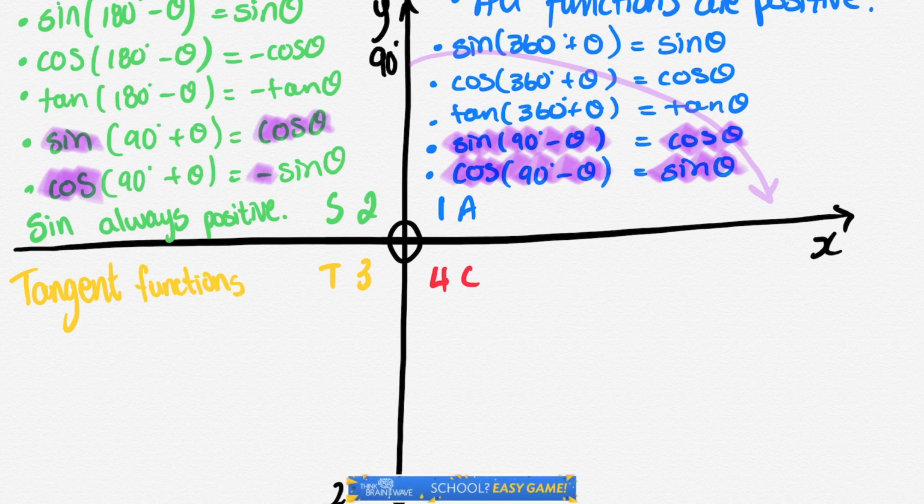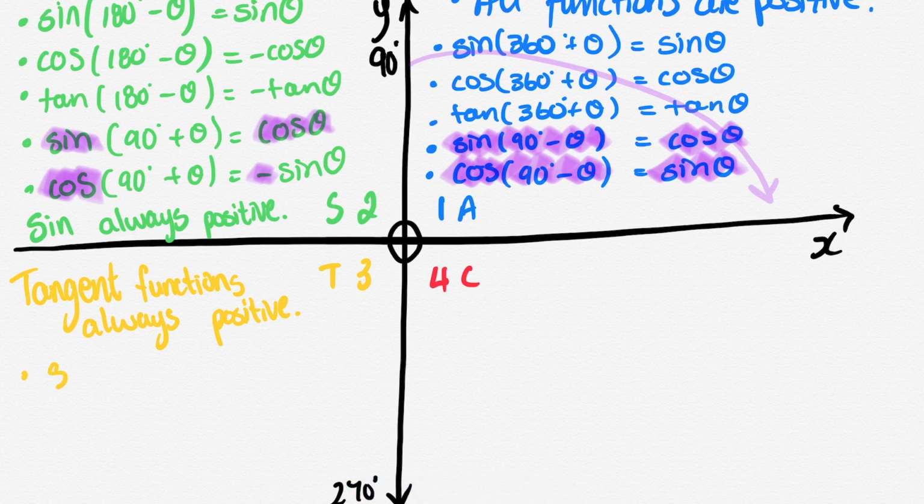So we've got the tangent function that is positive in the third quadrant, between 180 degrees and 270 degrees. Tangent is always going to be positive. So let's start off with it. We've got sine of 180 plus theta, meaning it's going from the x-axis downwards, but stopping before 270 degrees.